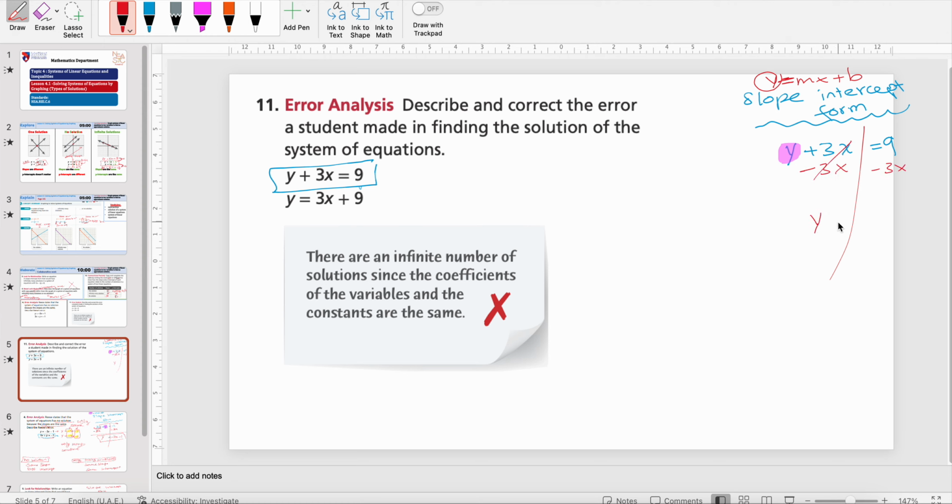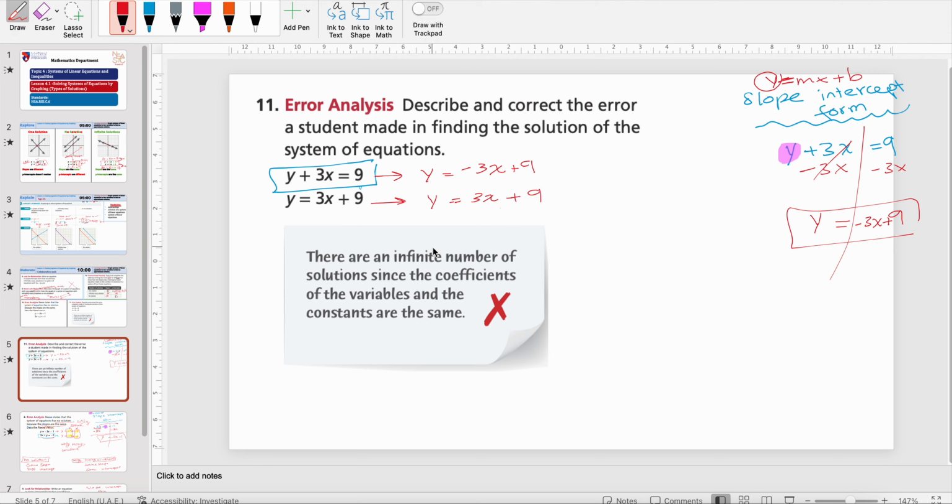So y alone equals, I can't combine them, they are unlike terms, so just leave them. The 9 is positive. I will rewrite it here. y equals negative 3x plus 9. And this one, I'm just going to write it down. y equals 3x plus 9.